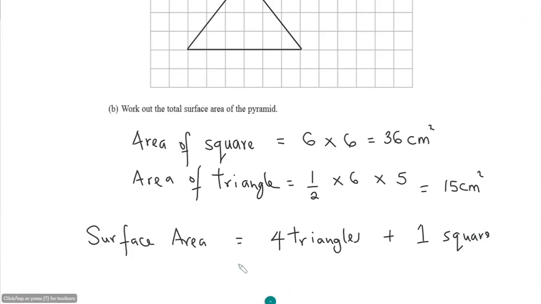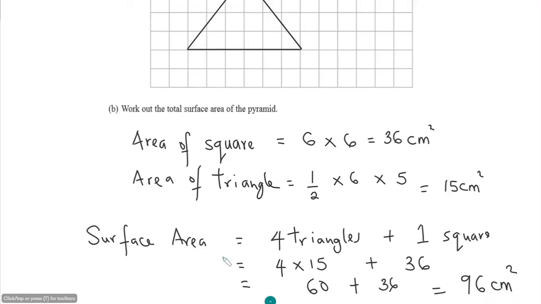For the 4 triangles, one triangle's area is 15, so I'm going to multiply 4 times 15 and add the area of 1 square, which is 36. 4 times 15 is going to give you 60, and 60 plus 36 is going to give you 96 centimeters squared. So that's the surface area of the pyramid.